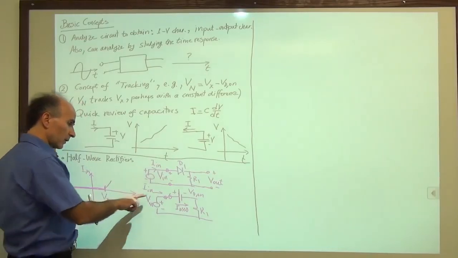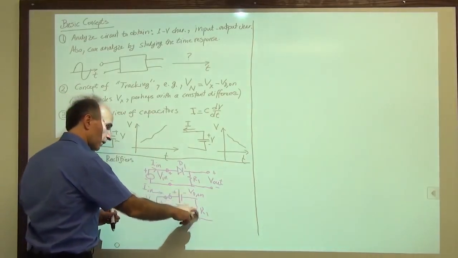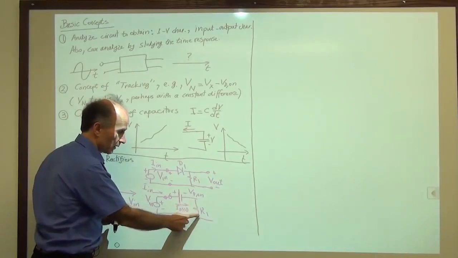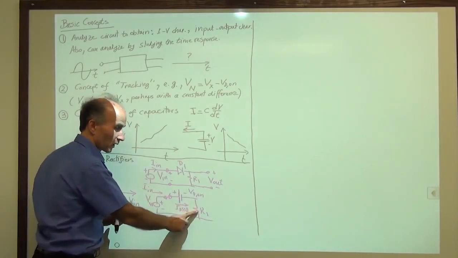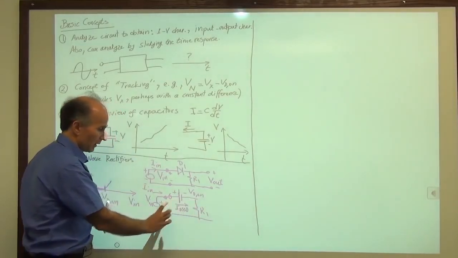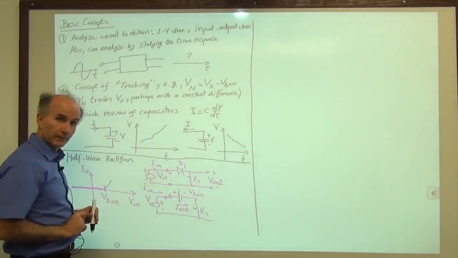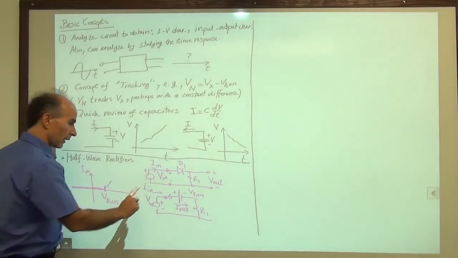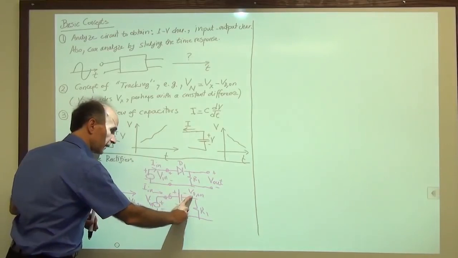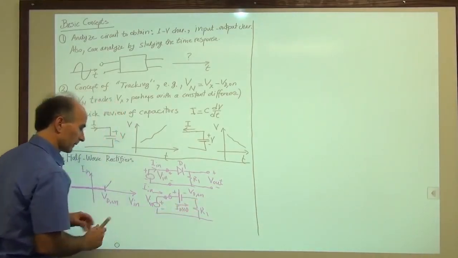I in goes through the battery, goes through R1. So the voltage across R1 from here to here is I in times R1. I in R1 plus VD on is equal to V in. Therefore, I in is equal to V in minus VD on divided by R1.